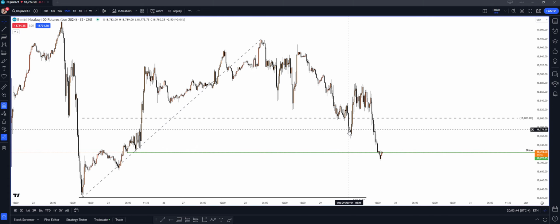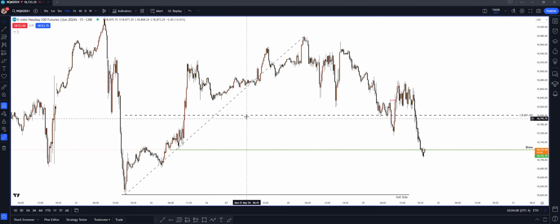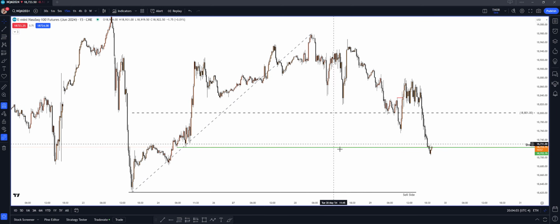I was thinking the market would be willing to go down there after taking out the buy side here. It didn't do so during the New York session. It just delivered almost an after hours in the last 15 minutes of the market.